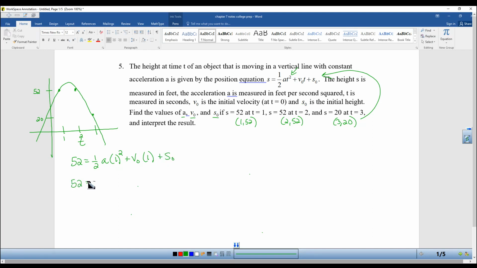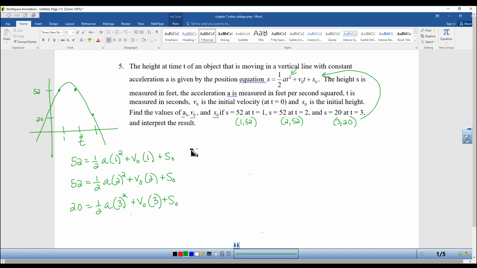The second one, 52 again, is 1/2 a times 2 squared plus v sub 0 times 2 plus s sub 0. And 20 is equal to 1/2 a times 3 squared plus v sub 0 times 3 plus s sub 0.